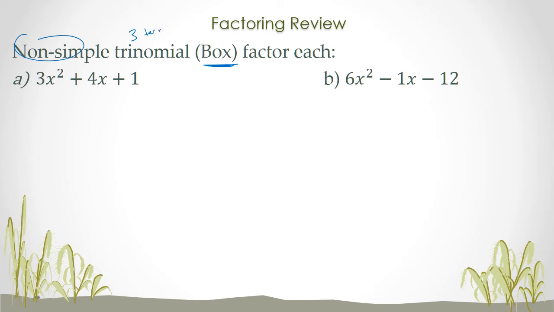Well, it's got ax squared plus bx plus c, but your a value is not 1. So if I look at my a value, it's actually 3. And for b, it's actually 6. Now you should always look for a common factor first. There are no common factors for a or b.